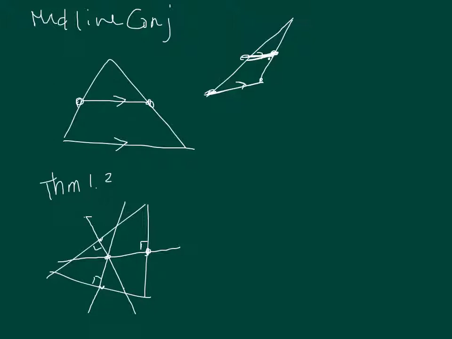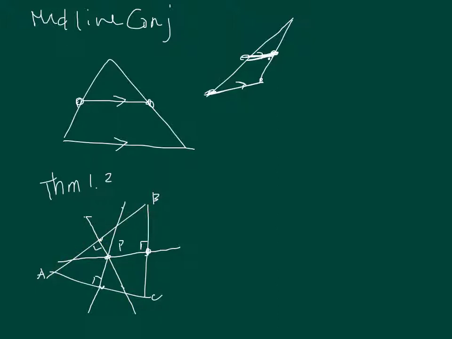Because this point is equidistant from the vertices of triangle ABC, and let's say the concurrent point is P. The length PB is exactly the same as AP, because by theorem 1.1, P is on the perpendicular bisector of AB.